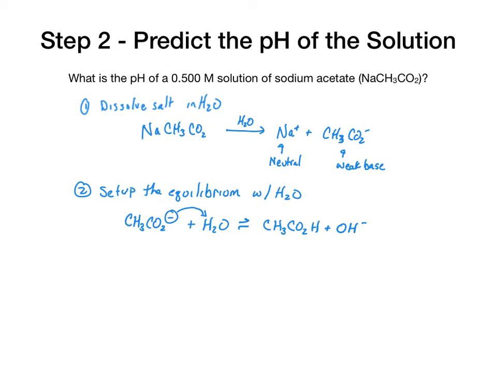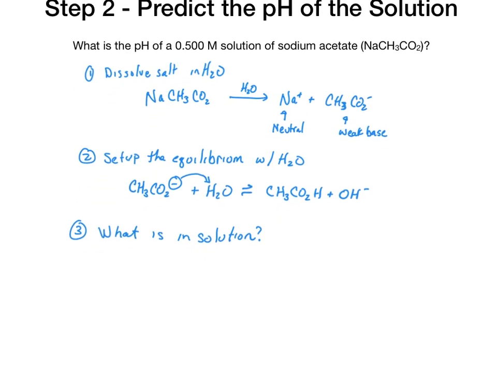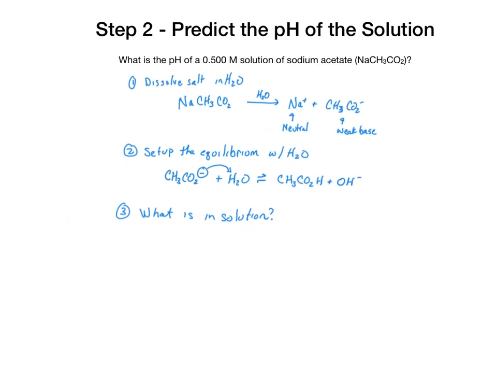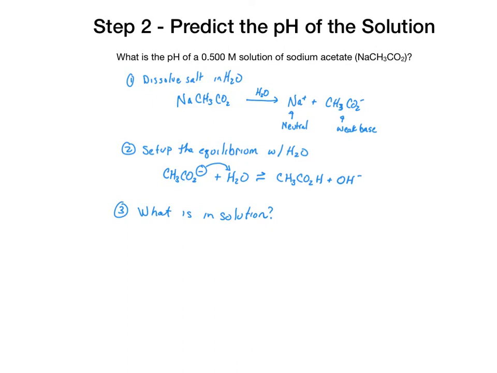And so now, step 3, we have to say what is in solution. And at this point, what is in solution is only the acetate. And so at this point, we have a weak base.